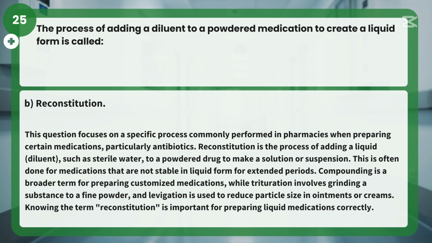This is often done for medications that are not stable in liquid form for extended periods. Compounding is a broader term for preparing customized medications, while trituration involves grinding a substance to a fine powder, and levigation is used to reduce particle size in ointments or creams. Knowing the term reconstitution is important for preparing liquid medications correctly.